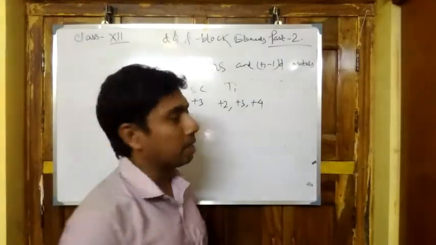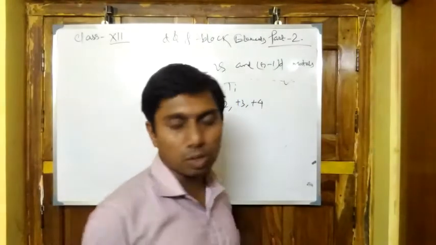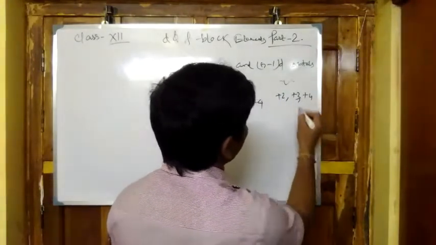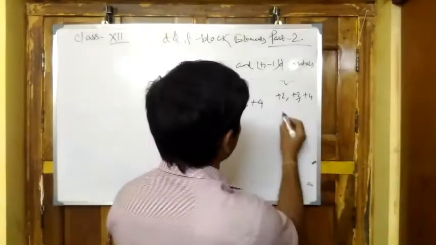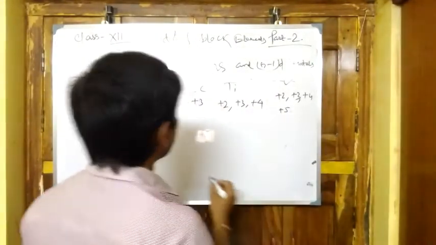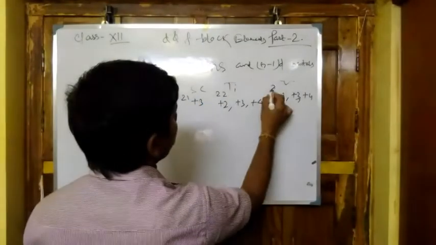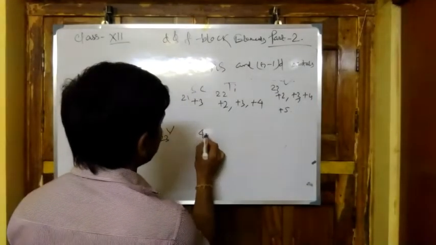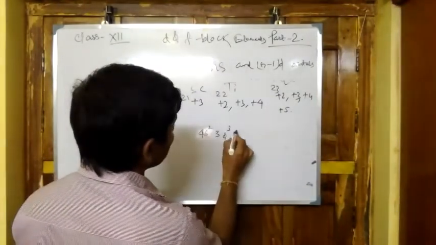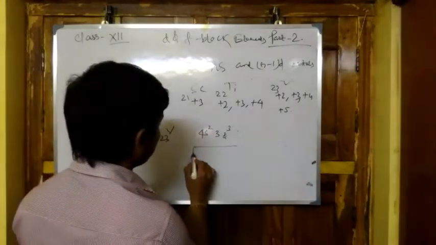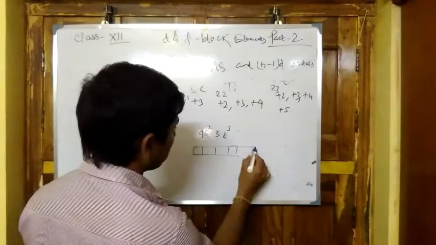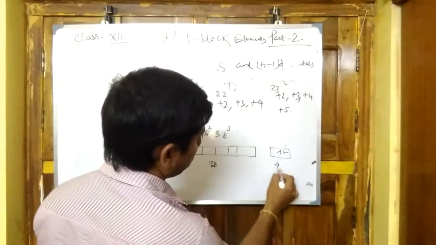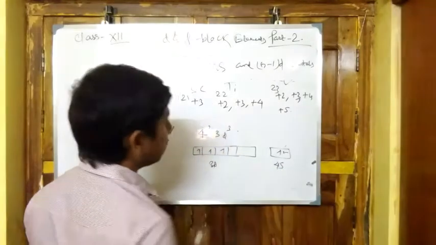Next, vanadium shows varied oxidation states, that is +2, +3, +4, +5, etc. We know scandium, titanium, vanadium are 21, 22, 23. Vanadium, atomic number 23, is 4s2 3d3.